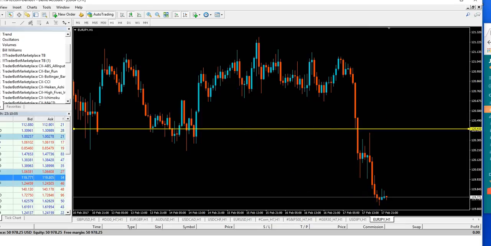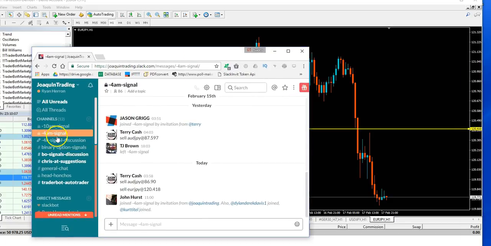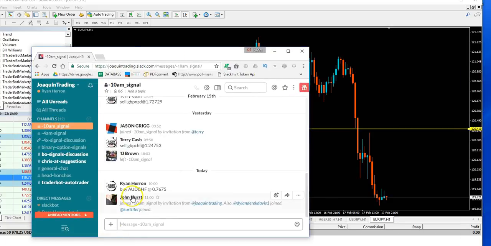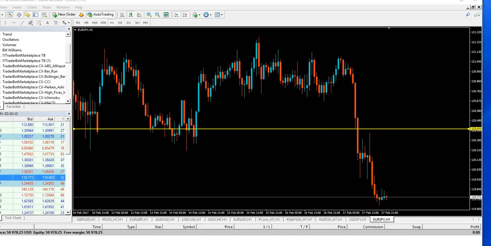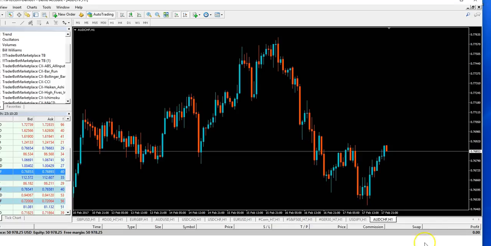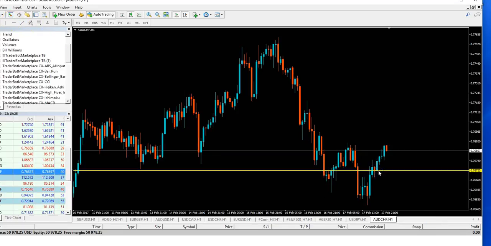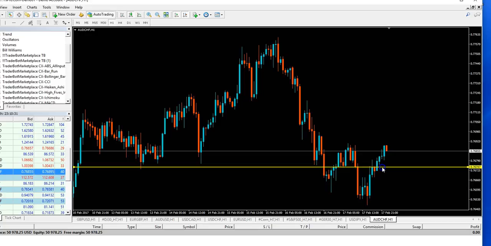So good. We also have a 10 a.m. signal on Forex. Let's see how it did today. Buy Australian Swiss at 76.75. Let me go over to Australian Swiss and buy it at, which this came out at 10 o'clock, 76.75. I've already taken profit on this one, by the way.